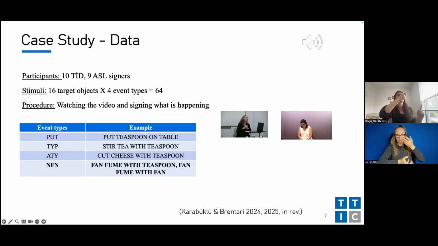The second sentence, following the first one, is a successful event with the right instrument, like fanning the fume with a fan. And in this case, we have a head nod conveying success. So we have the same non-manual occurring in two different functions. One is a boundary marker, as discussed in the literature before. The other is success, conveying that the event was successful.